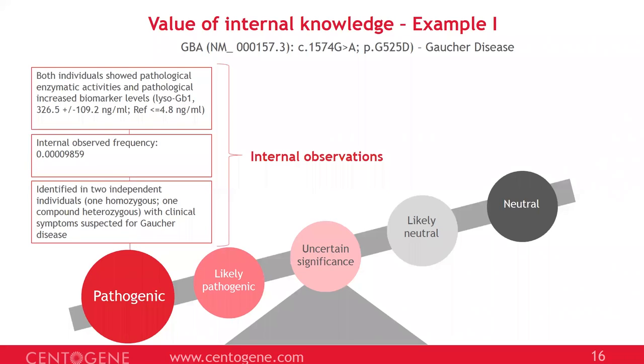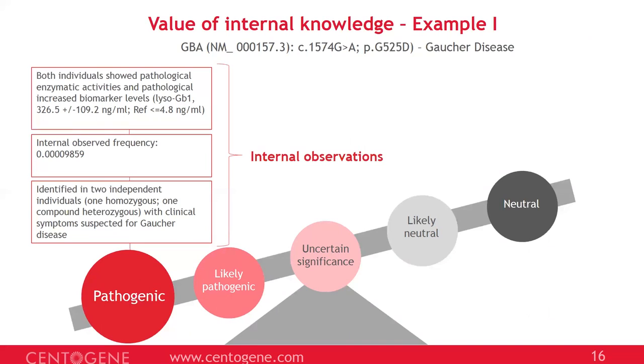We had our second independent individual with 2 heterozygous GBA variants. We call them most likely in trans, and we do that as well based on our very specific biomarker used for Gaucher, lyso-Gb1, since it was as well pathological.